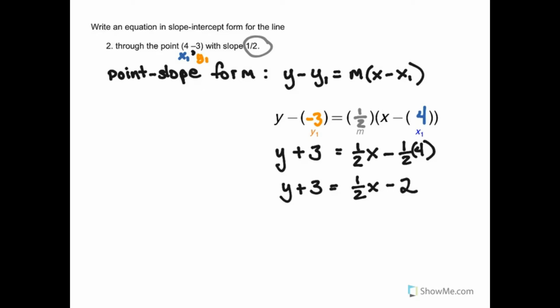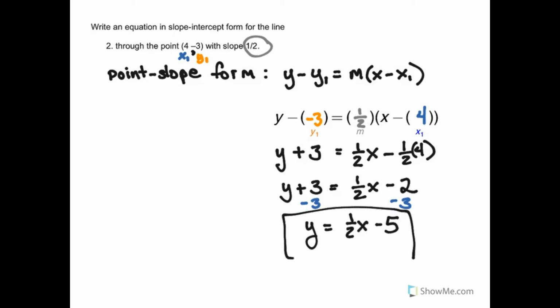So 1/2 x minus 2. To get it into slope-intercept form, all I need to do is solve for y, so I'll subtract 3 from each side. And now I have y equals 1/2 x minus 5. That's the equation for the line we're looking for.